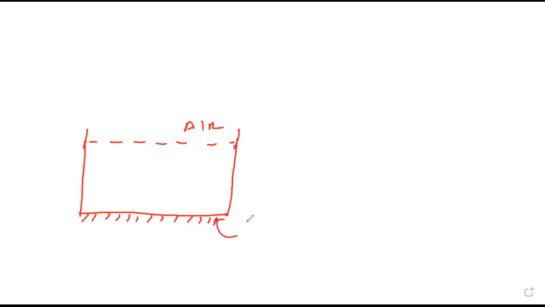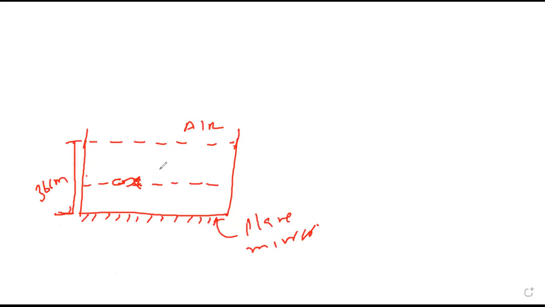This is a plane mirror. From the surface, total is 36. At 24 centimeter we have a fish from the top. So this will be 12.